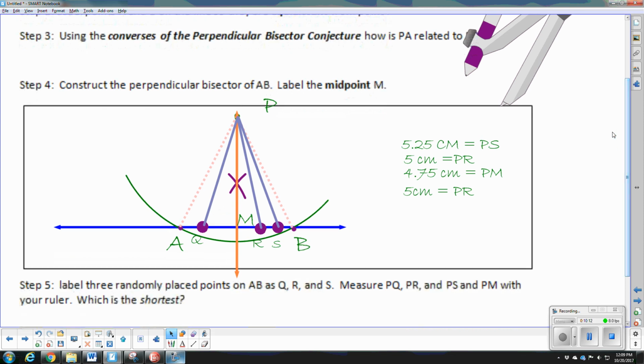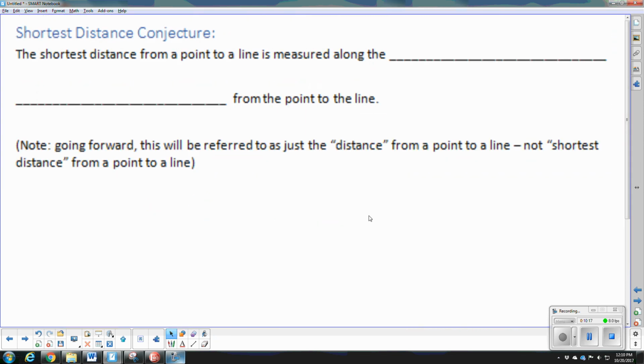So we can use that information now to form our next conjecture. And our next conjecture is the shortest distance conjecture. So the shortest distance from a point to a line is measured along the perpendicular segment from the point to the line.